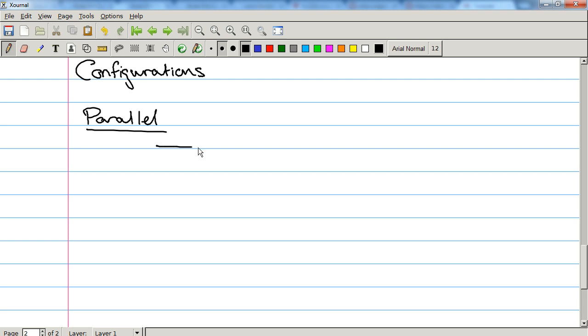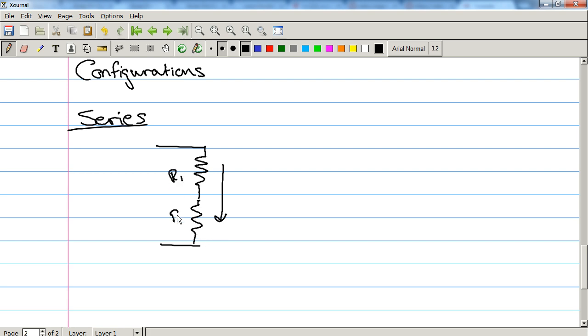Now, in parallel, you have a resistor on top of another resistor. Wow, that's not parallel. That's series. I got ahead of myself. This is series, meaning one resistor is directly connected into another resistor. We'll call this R1 and this R2. Remember, this can work for any number of resistors as long as they're stacked one on top of another.